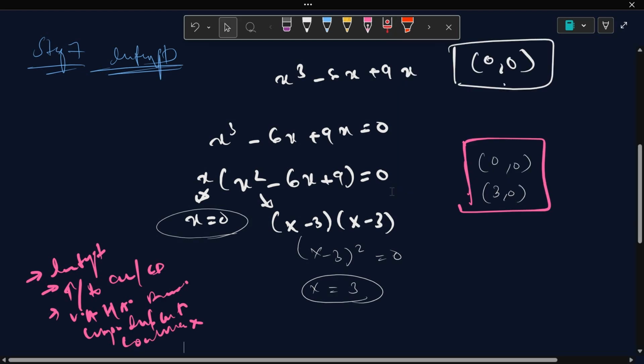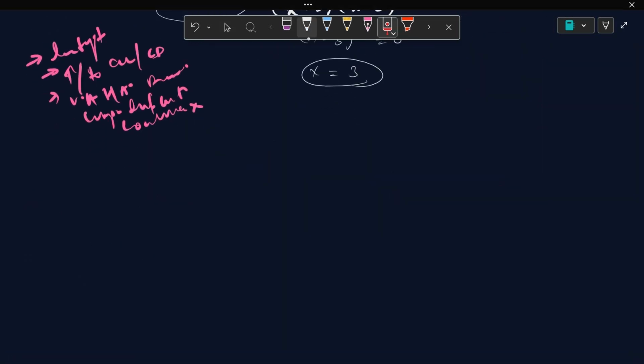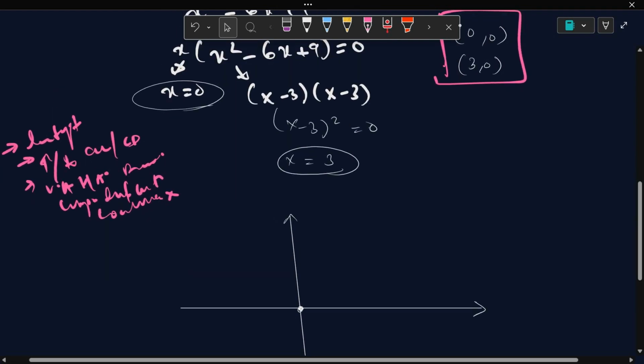So now let's pack everything together and finally make the graph of this. We know our first point is 0, 0, which is the origin, and we know the intercepts as 3, 0.